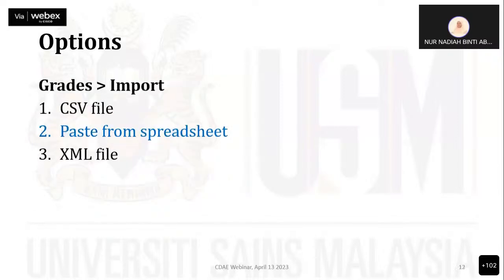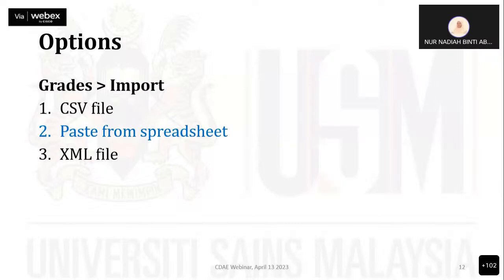But the problem with pasting from spreadsheet is that sometimes we get the names of our students from CLA or from the list of participants from our eLearn, and then we have duplicates. The names are the exact same names.